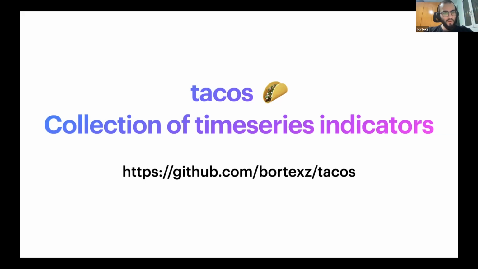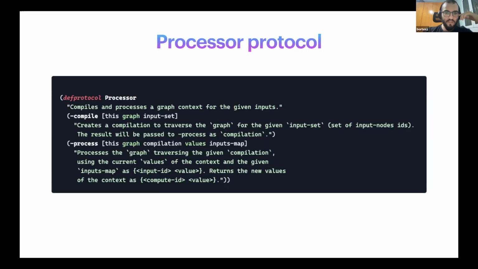And I'm gonna go quickly just over one of the extension points that Graphcom has, which is the processor protocol. So a processor, there are two currently, which are the sequential processor and the parallel processor.